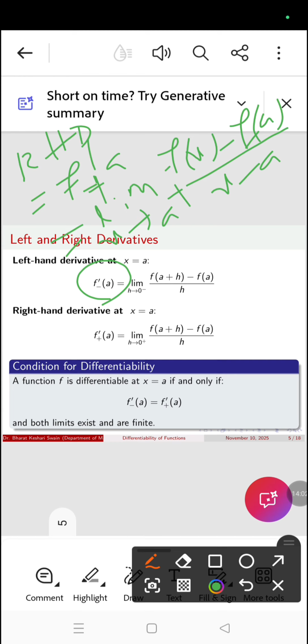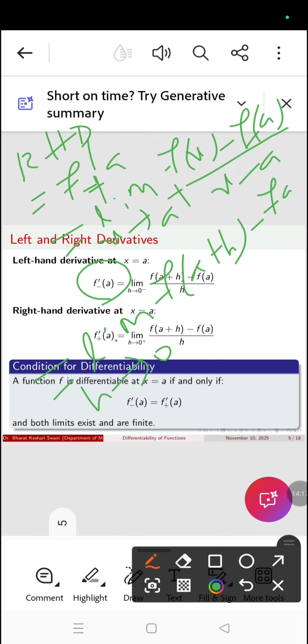So h tends to 0, and in place of x put a plus h: f of a plus h minus f of a, divided by a plus h minus a. So a and a will be cancelled.